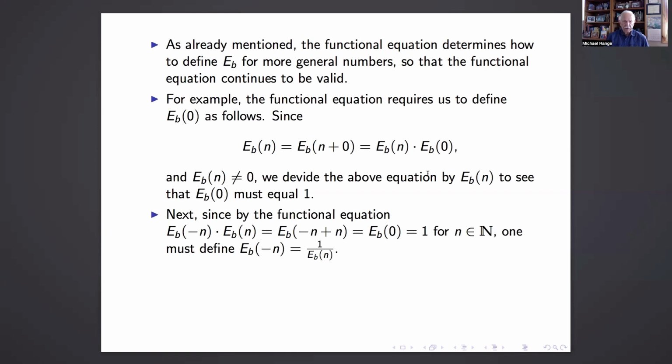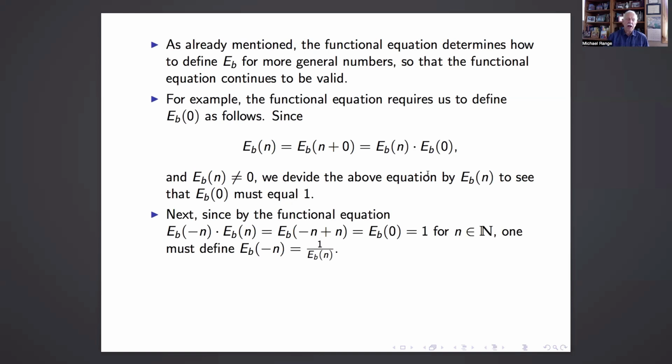Next, consider E sub b at minus n multiplied with E sub b at n. If the functional equation remains valid, this must be equal to E sub b at minus n plus n, which equals, of course, E sub b at 0, which we just determined must be equal to 1.